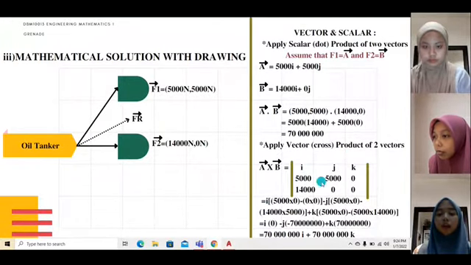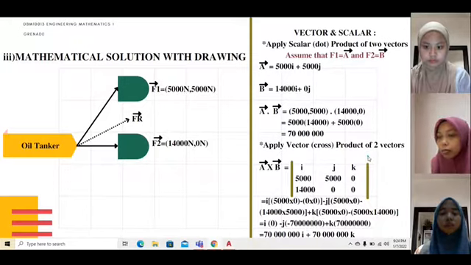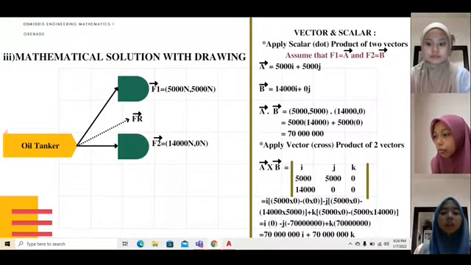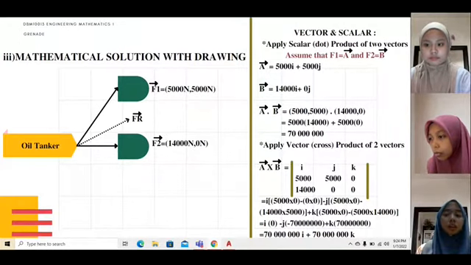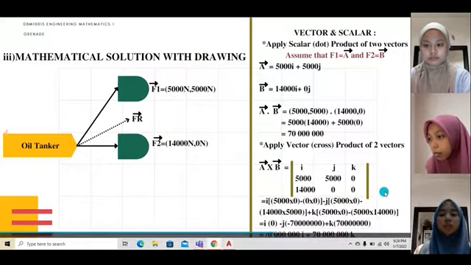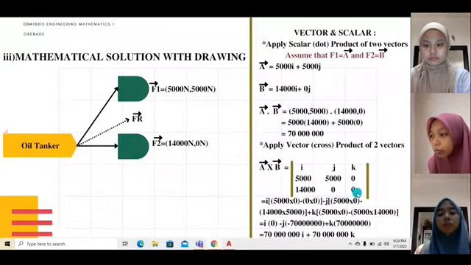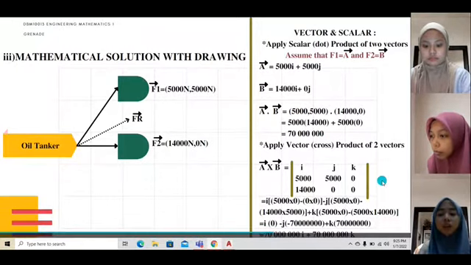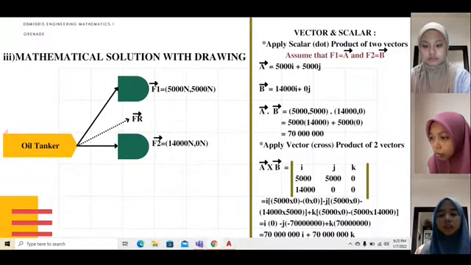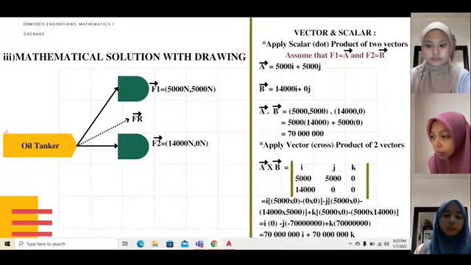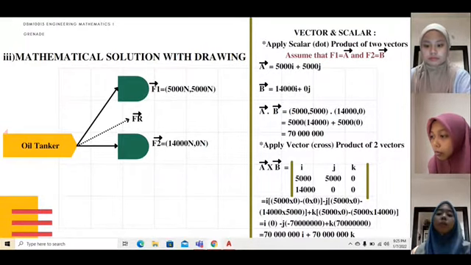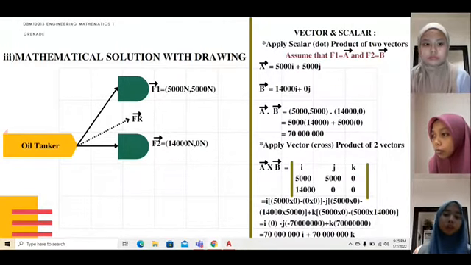So for i, we have 5,000 times 0 minus 0 times 0, minus j times 5,000 times 0 minus 14,000 times 0, plus k times 5,000 times 0 minus 5,000 times 14,000, and the answer is 0 i minus j times 0 plus k times negative 70 million, so the answer is negative 70 million k. So that is the answer for the application of the vector cross product of two vectors.